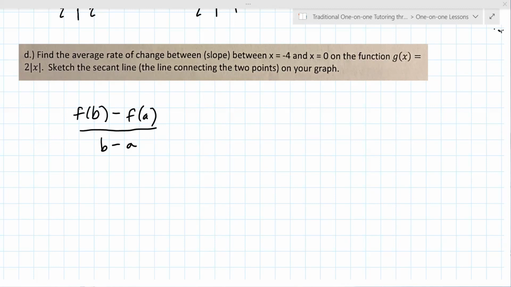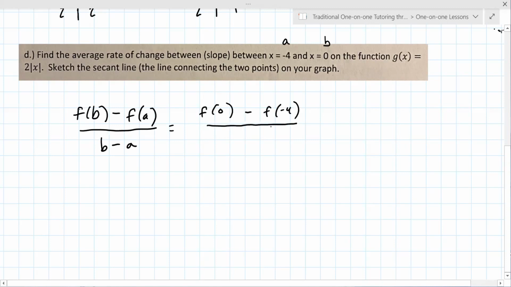Yeah, you should write that down. Now in your problem, a is -4 and b is 0. So you're going to find f of 0 minus f of -4 over 0 minus -4.